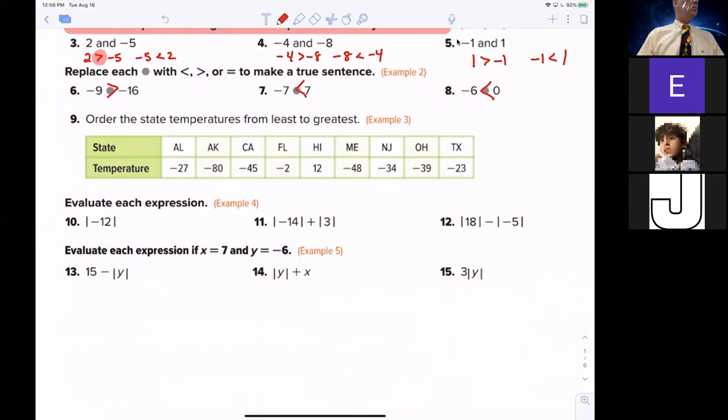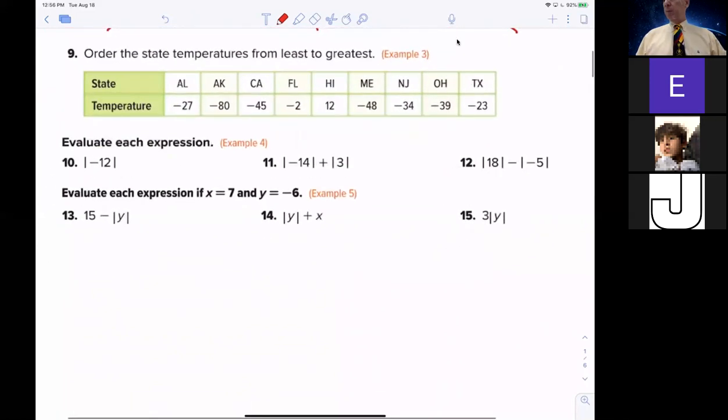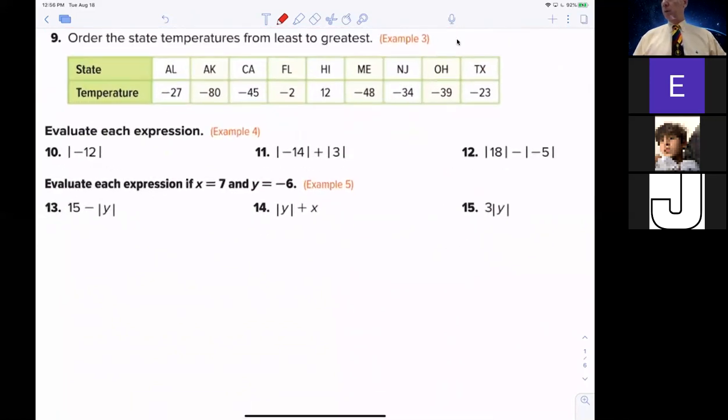All right, Ethan, you got the annoying problem. You hear me? Yeah. You got to write from smallest number to largest number. All right? So tell me, what is the smallest one? Yeah, you got to scan through all of these numbers right here. Yes, that is correct. Negative 80. Now, what's the next smallest? I like it.